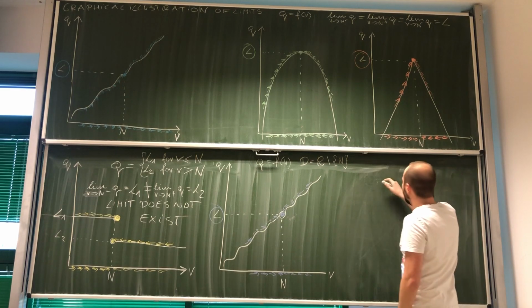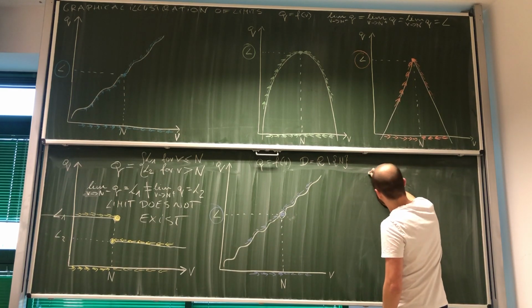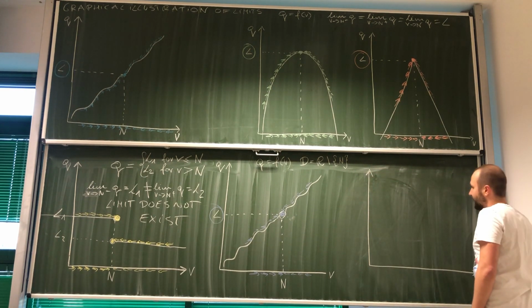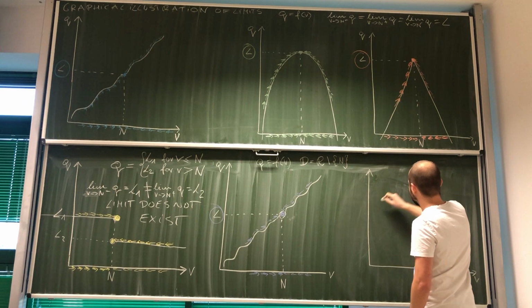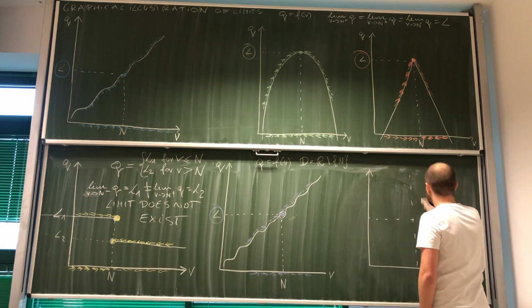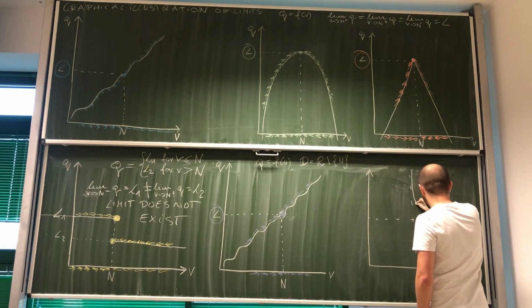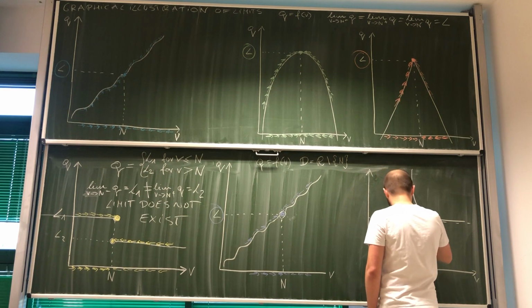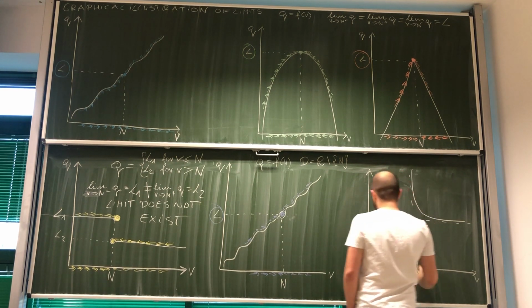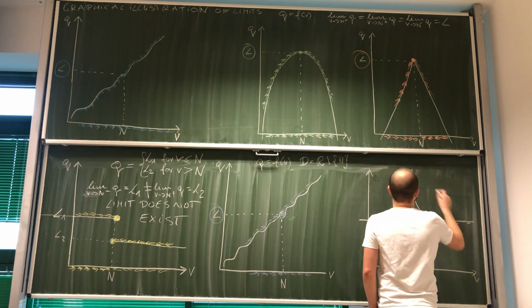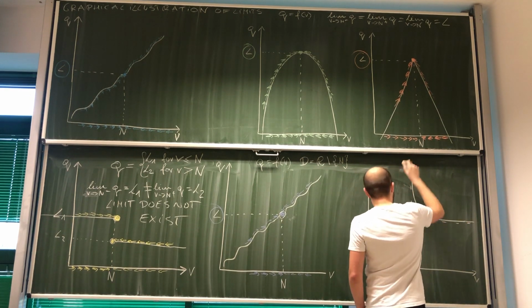Okay, now let's see. Let's say that we've got another function. And this function looks like this. Okay, we assume it's of course going here, it's going here, it's going here.